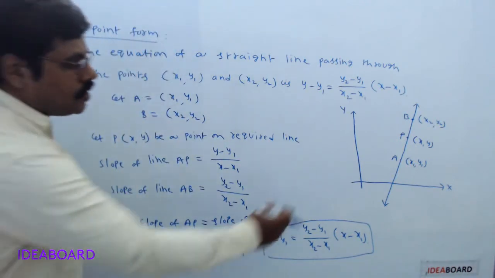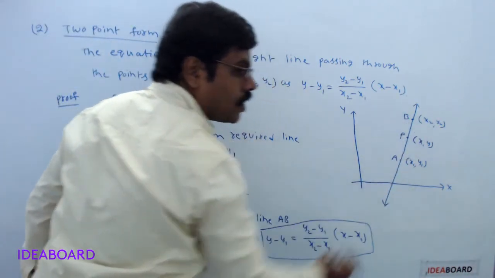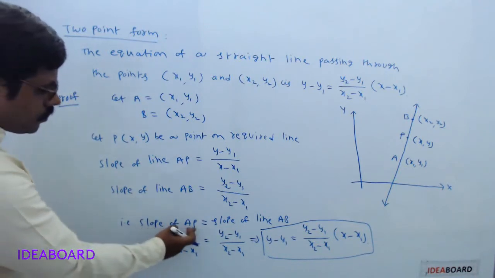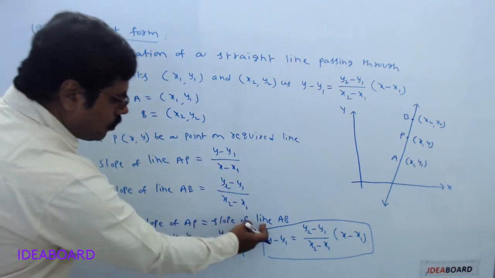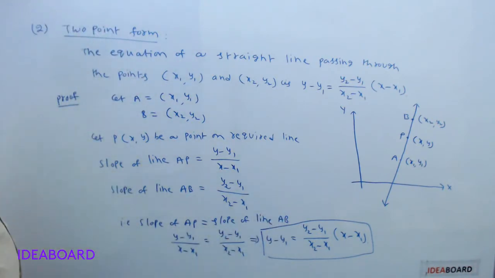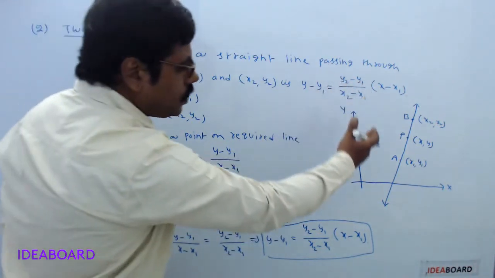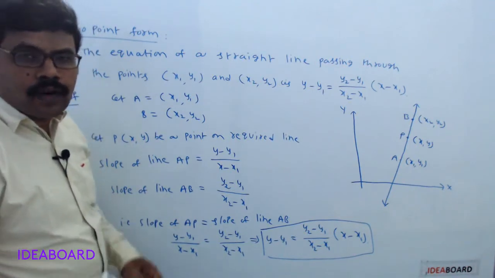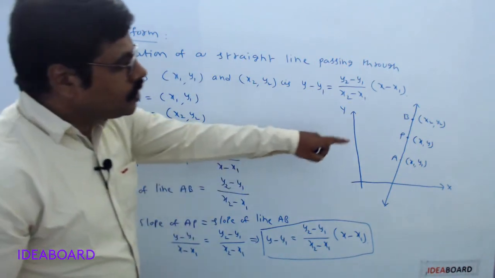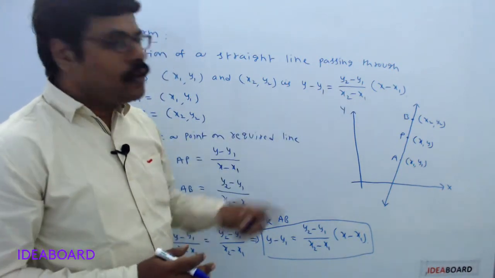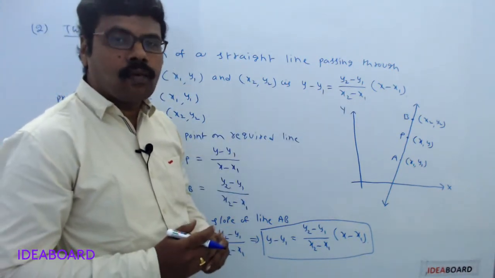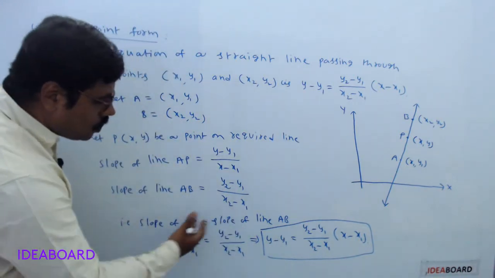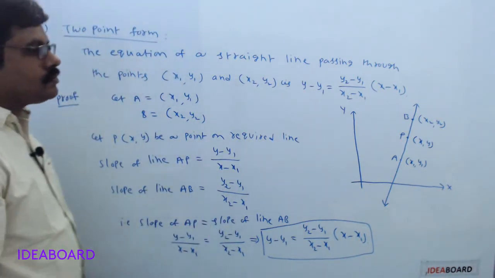Now if these 3 points are collinear, what condition is applied? Slope of AP equals slope of line AB. So if 3 points lie on the same line, those points are said to be collinear. If 3 points are collinear, then their slopes are equal.